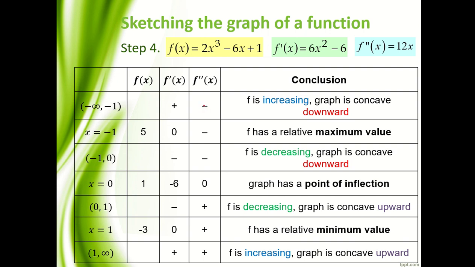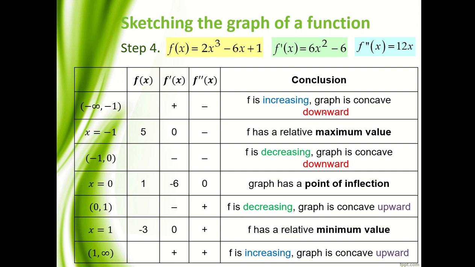From our theorem, if f prime of x is positive, the function is increasing. And if f double prime of x is negative, the graph is concave downward.